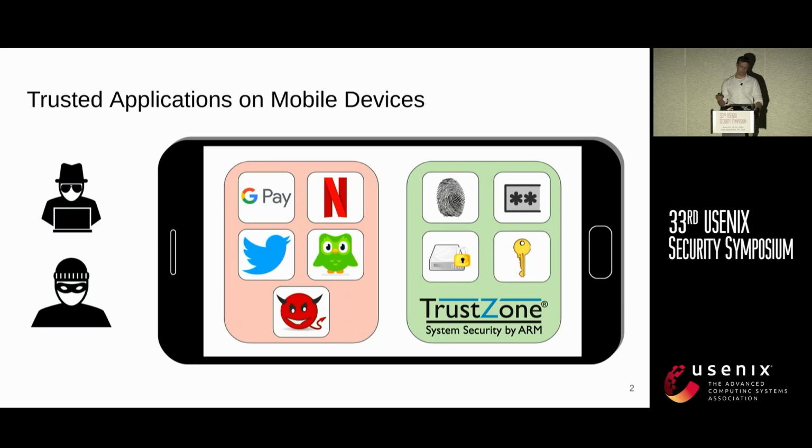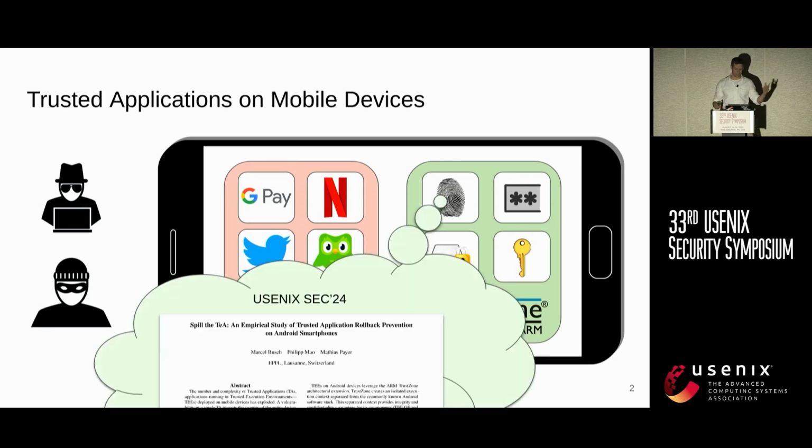In one of the other talks we had here at USENIX, the Spill the Tea study, we looked at rollback prevention. Check out this talk for the details, but in that talk, the motivation was that we needed a security critical vulnerability in one of these trusted modules called trusted applications.